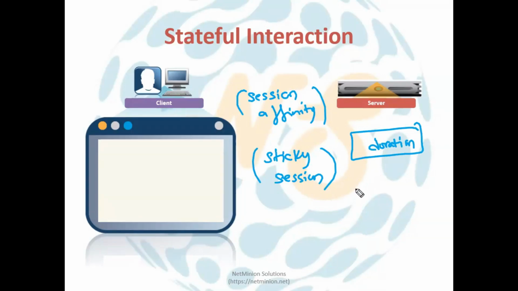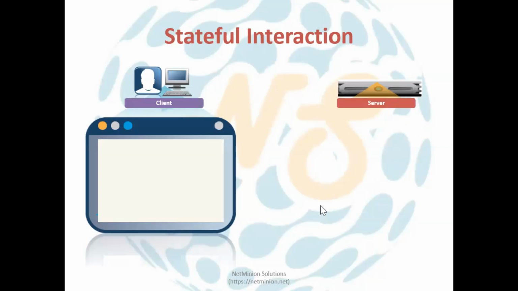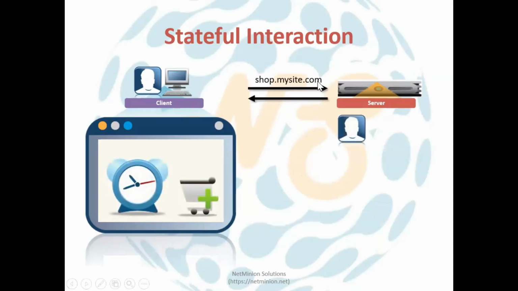But for now, this is something named a stateful interaction. How is it stateful? Because your device is aware that it maintains user-specific data. Let me show. It went to some site, and that site is now aware that there is a user, and it is maintaining that database.